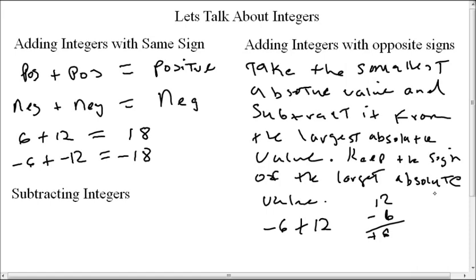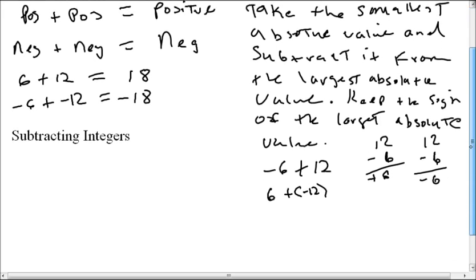Say, for instance, if I'm going to add 6 plus a negative 12. Here, again, 6 is the smallest, so I'll subtract 6 from 12, and I'll get 6, but because 12 is the largest, it becomes a negative 6. So again, it's just following the rules.